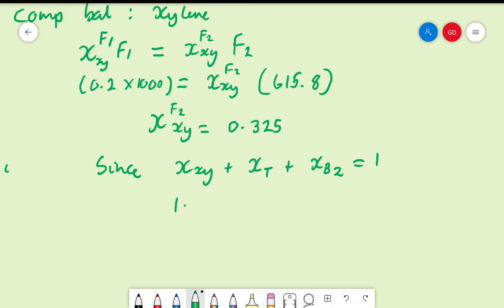Then 1 subtract X of xylene plus X of toluene gives us X of benzene. So the mass fraction of benzene in this case is 0.032 when you calculate.